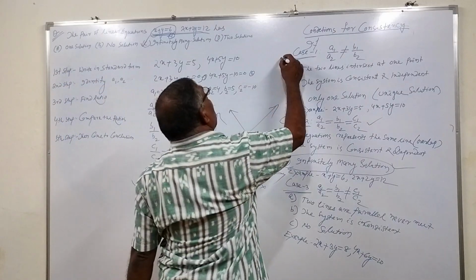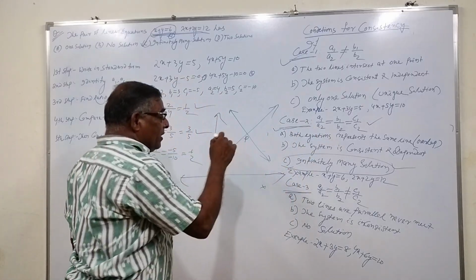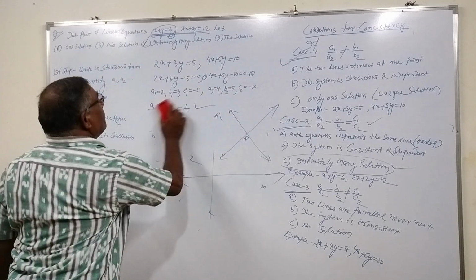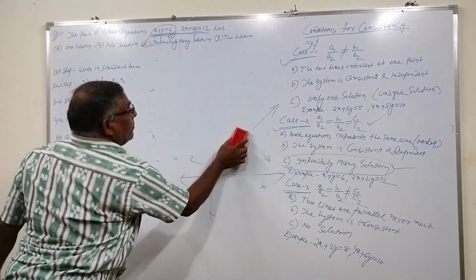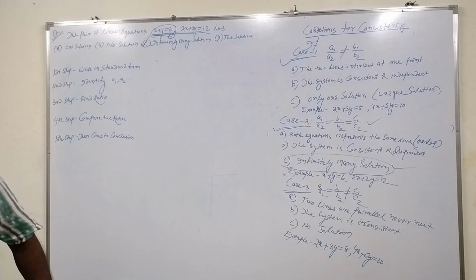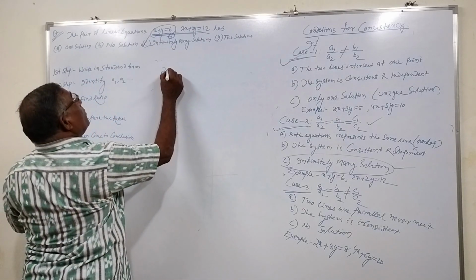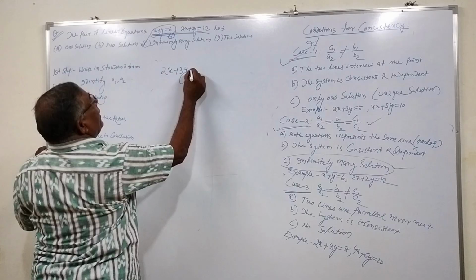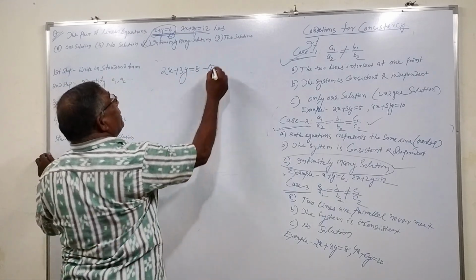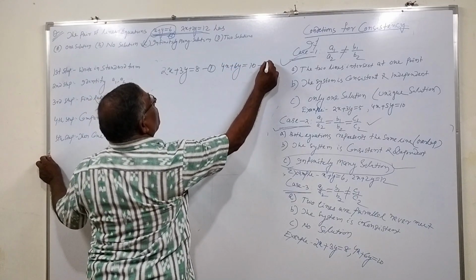That is case 1; we will consider case 2, then come to case 3. If the question is like this: 2x plus 3y equals 8, equation 1, and 4x plus 6y equals 10, equation 2.